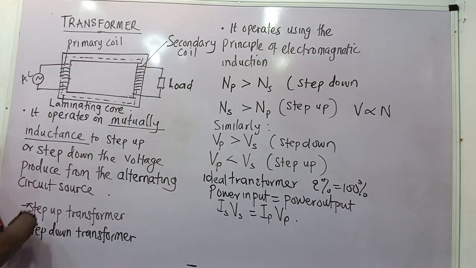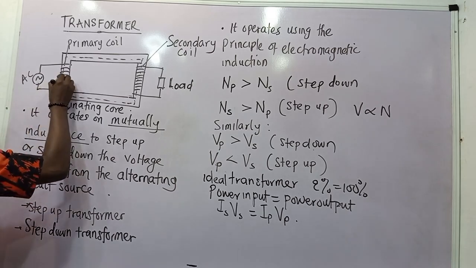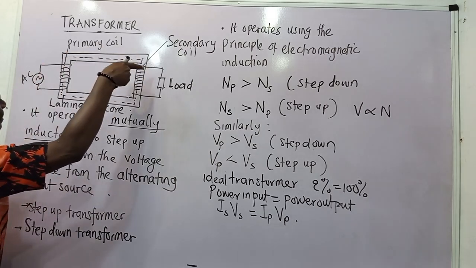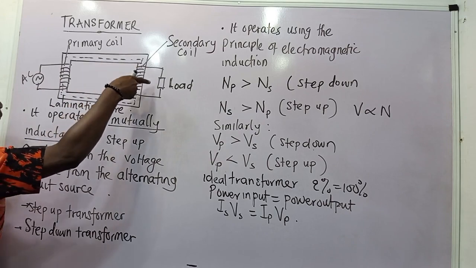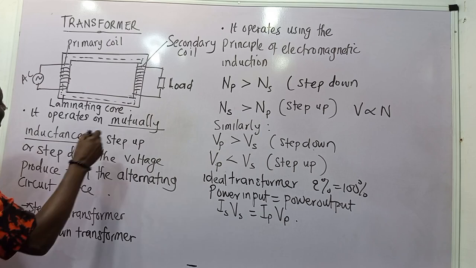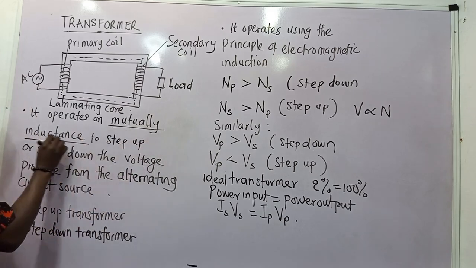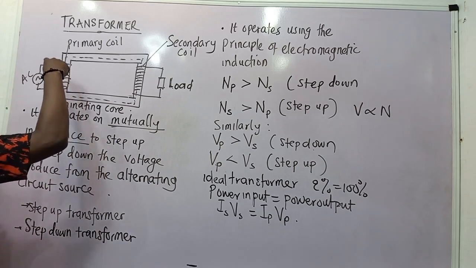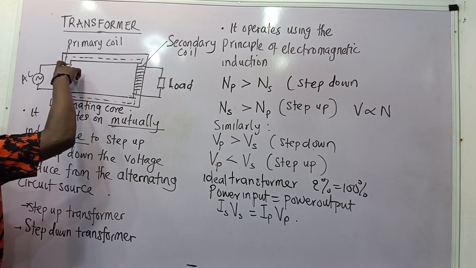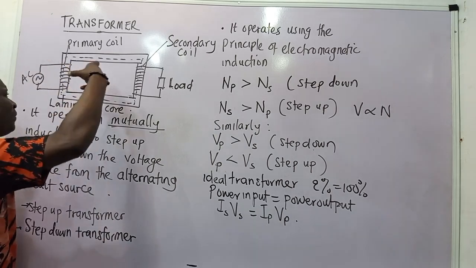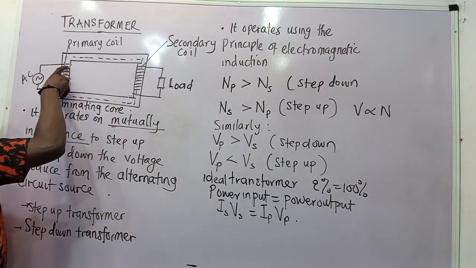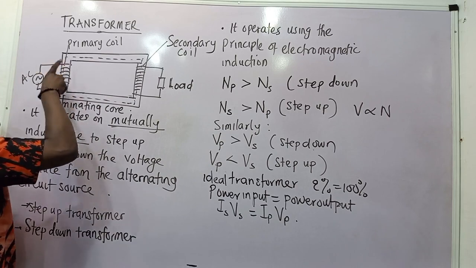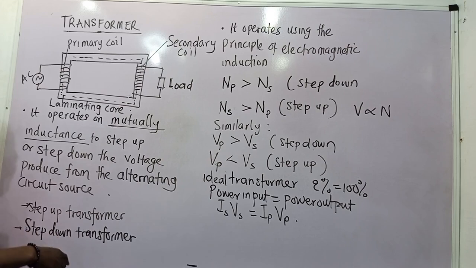When there is a set-up voltage at the primary, it links the secondary to create a voltage at the secondary. That's why we call it mutual inductance. As the word suggests, the primary is on top of the secondary. Near the primary, we would set a flux that will link the secondary.